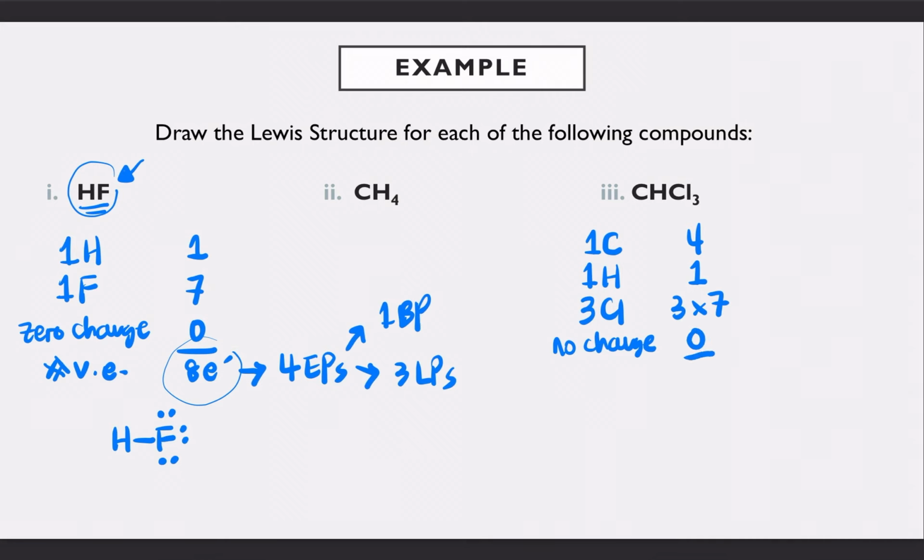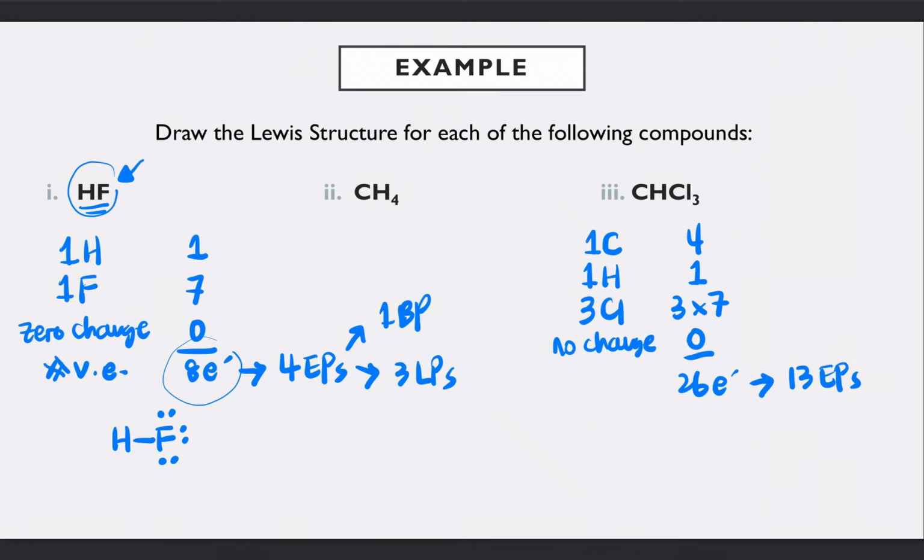Okay, 0 charge. So the total will be 26 electrons. So 26 divided by 2, you will get how many electron pairs? It will be 13 electron pairs. Okay, so now we're going to draw the skeletal structure.